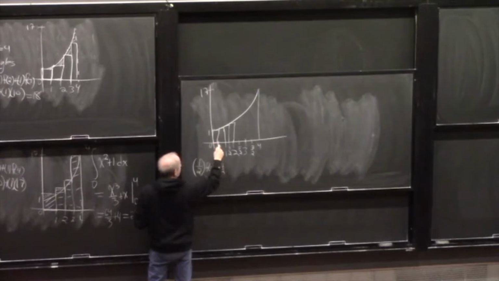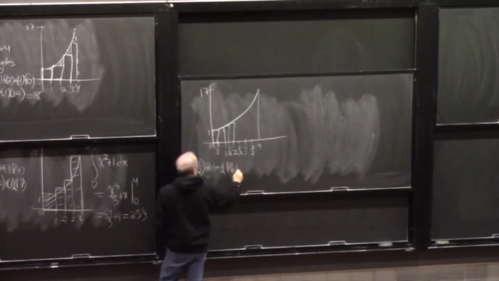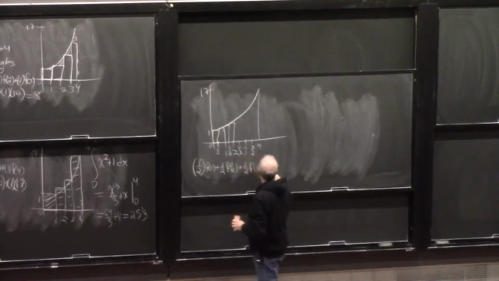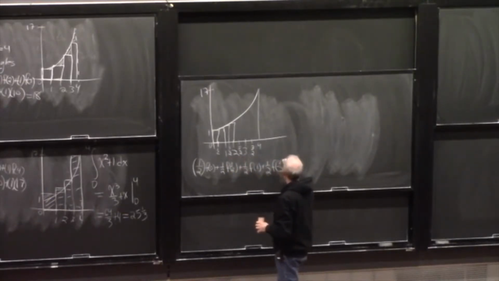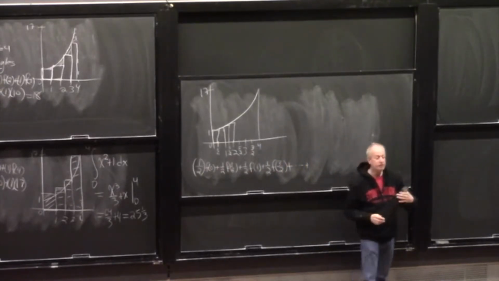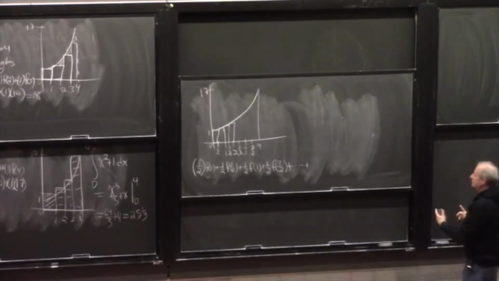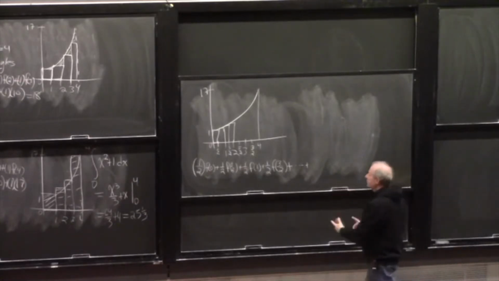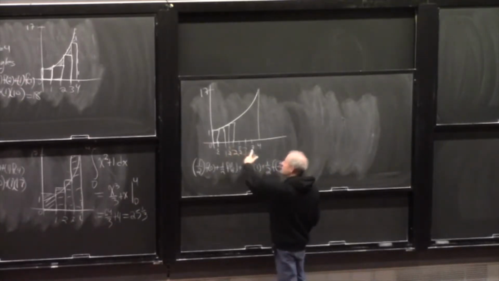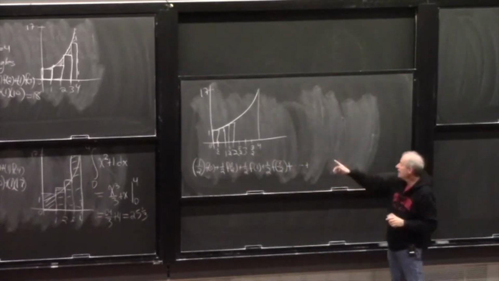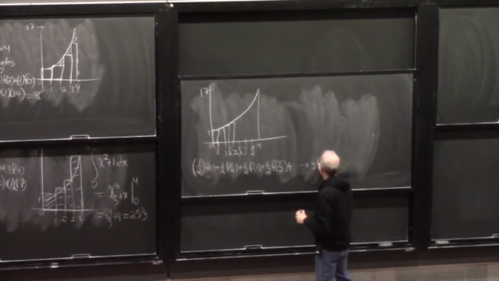Then I'd have a half, f at a half, a half, f at 1, a half, f at 3 halves, and so on. So again, each base is a half wide, and to get the y value, which gives you the height, I plug in the left side of each of these intervals, each of the divisions on the x-axis. So the last one would be a half wide, and f at 7 halves.